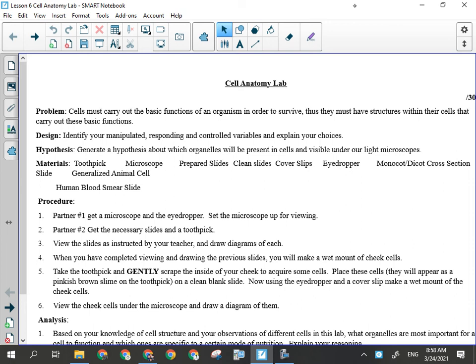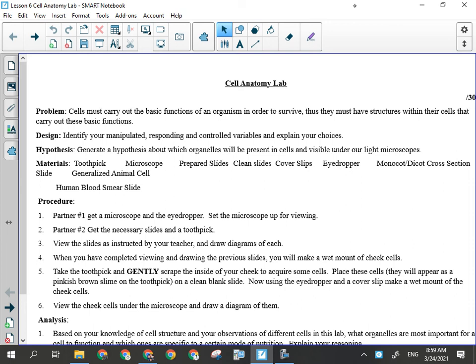We need to look at different cells because we need to verify that cells have common structures that help them carry out their basic functions. Okay? So that should help you with both the manipulated and the responding variables. Looking at different cells, and I told you why. What we're looking for in each cell would kind of be your responding variable.